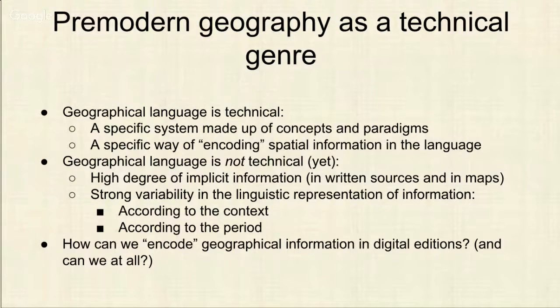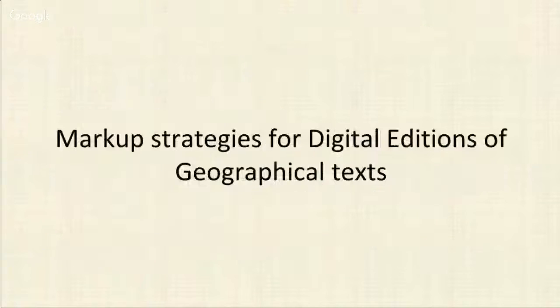Because it had a very high degree of implicit information. It has a very strong variability in the linguistic representation of this information that obviously can vary according to the context, according to the period, according to the purpose of the author, to the type of text that we have, because we also have poetry, for example, and so on. So the problem is, how can we meaningfully encode this type of information in digital editions, and if we can at all?